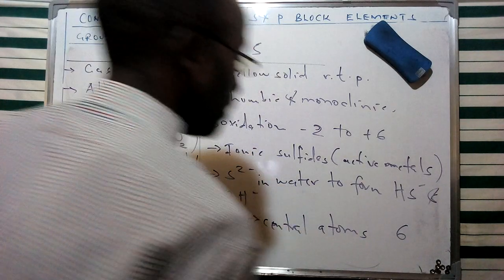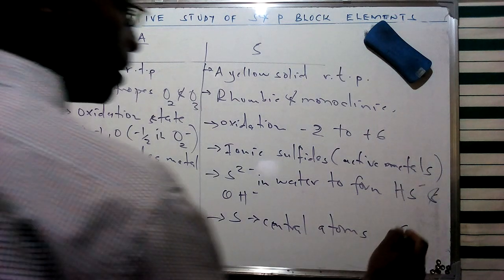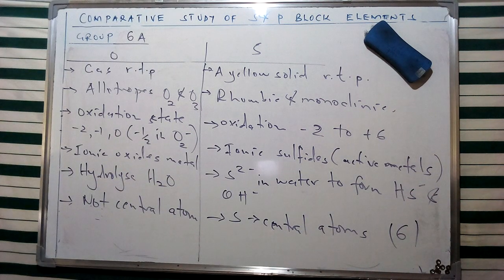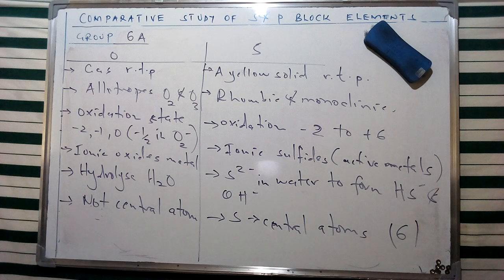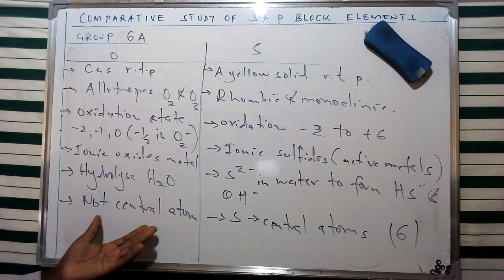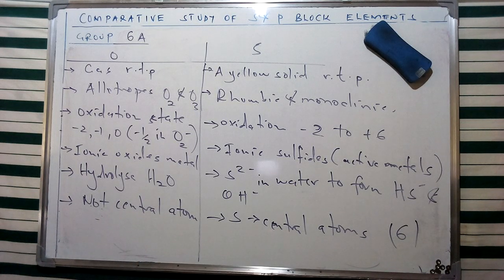We have spoken about the concept of catenation, but we're going to see the difference, especially in our study of complex compounds, where oxygen is not going to be the central atom while sulfur is.